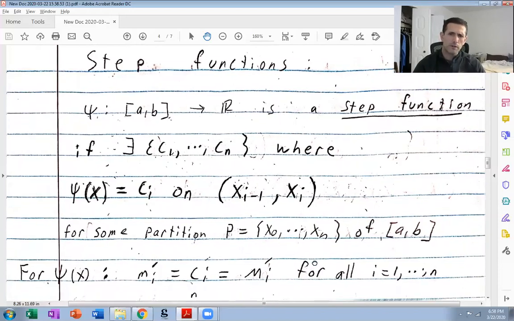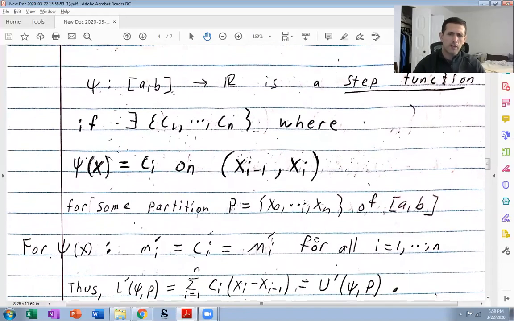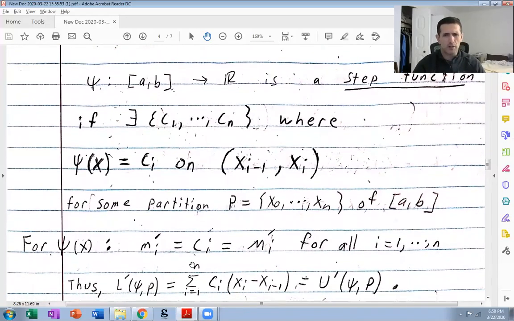Okay. So what does that mean? Well, by definition of the modified lower and upper Riemann sum, it's going to be this common sum here. Because, well, the definition I had a minute ago was the same thing as this, but instead of ci, I had little mi prime, but that is ci.